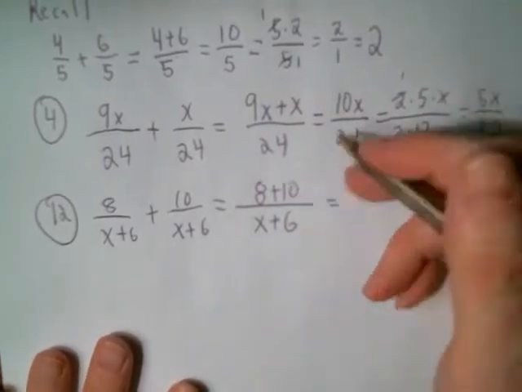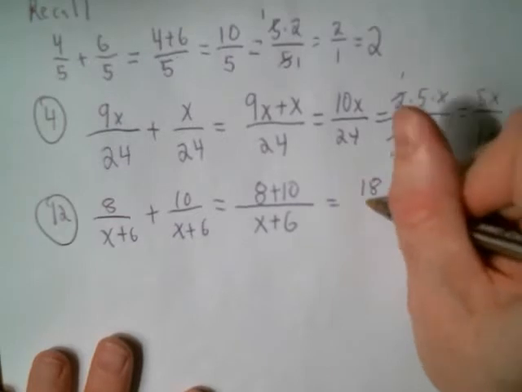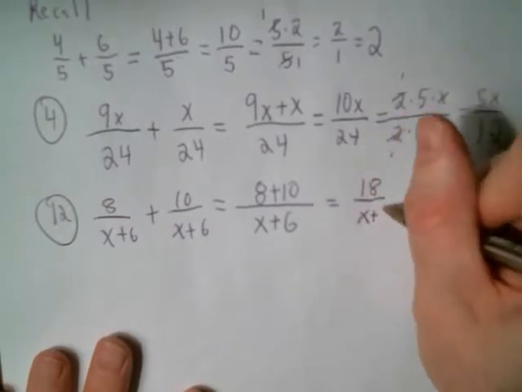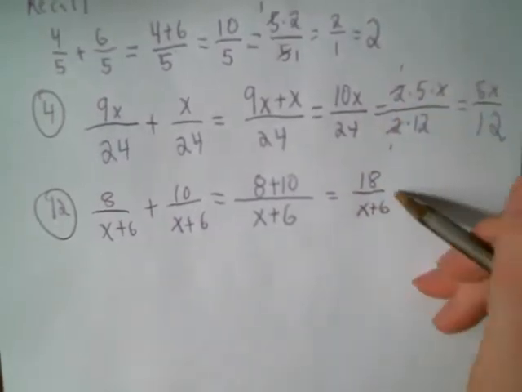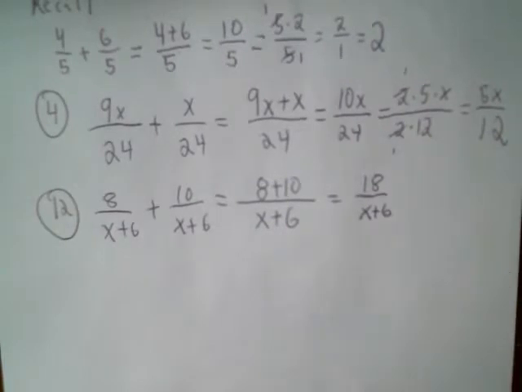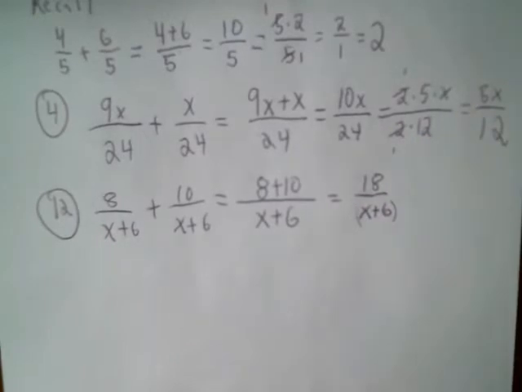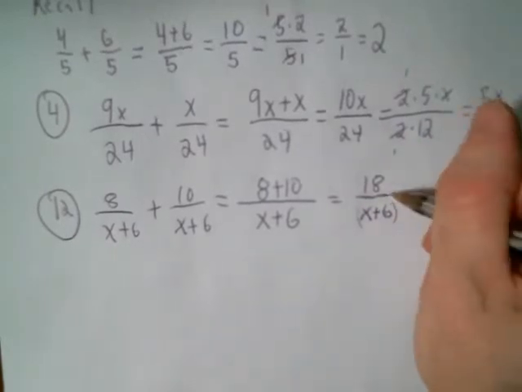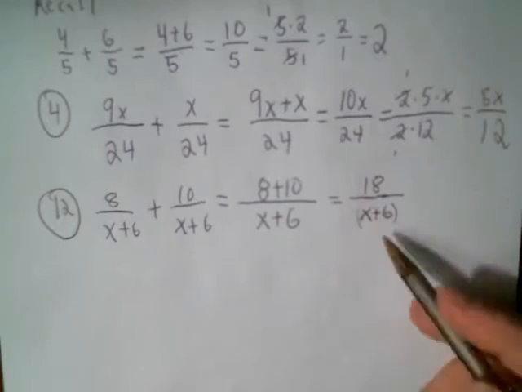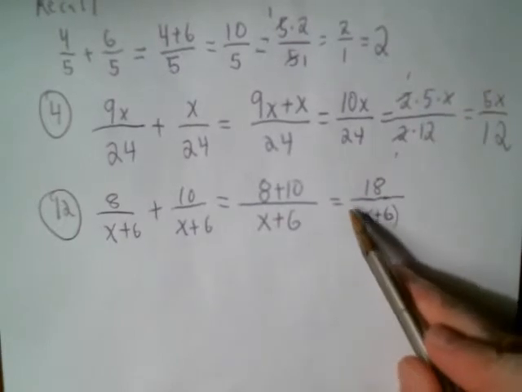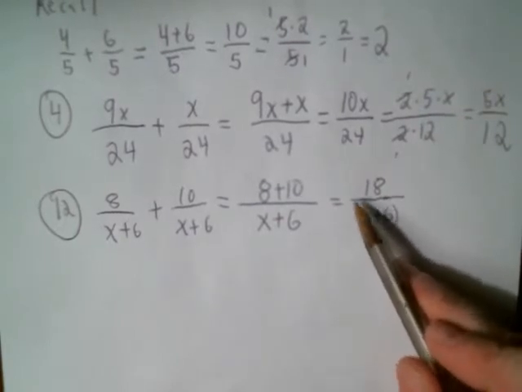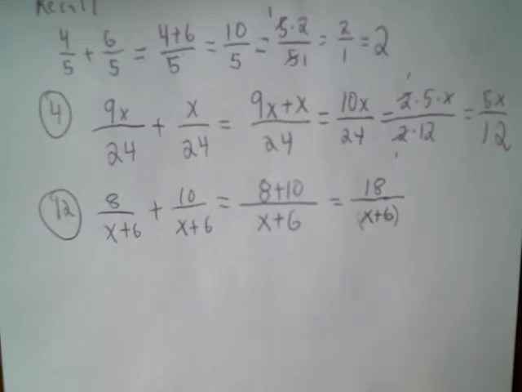You want to simplify that numerator before you start thinking of anything else. And now there's no common factor in the top and bottom. Okay? You would need an x plus 6 in the top to cancel out with this x plus 6 in the bottom. Or you would need some factor of like a 9 here, or a 6, or an 18, or a 3, something like that. And we don't have it, so this is our answer.